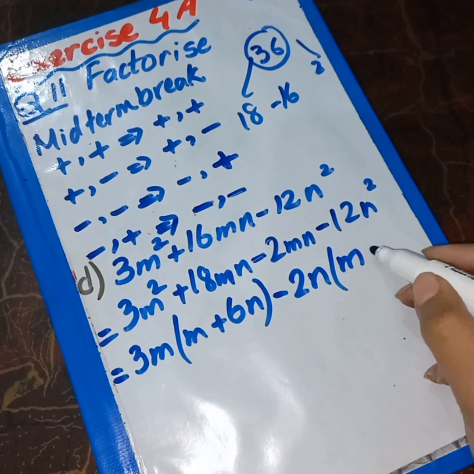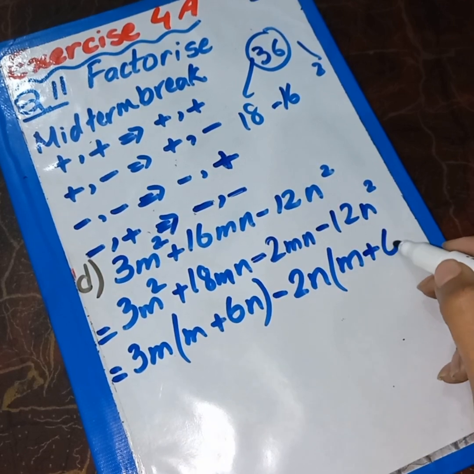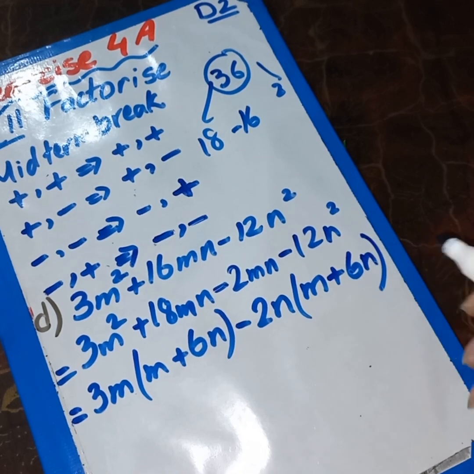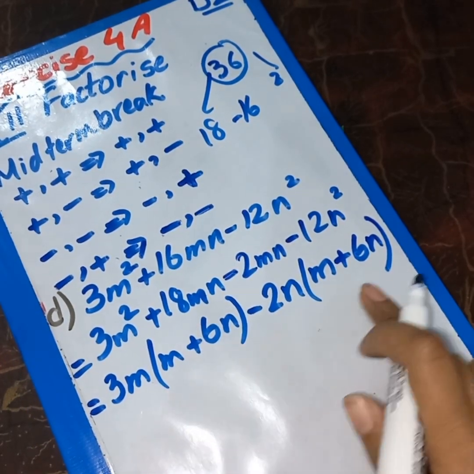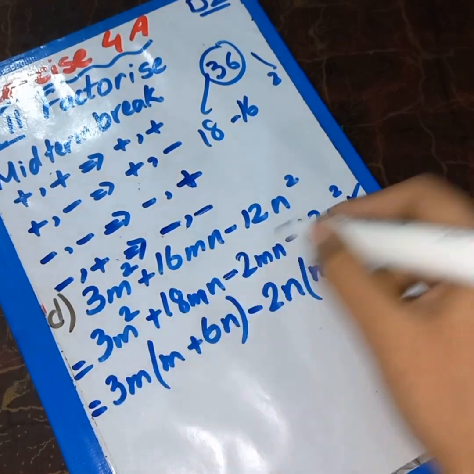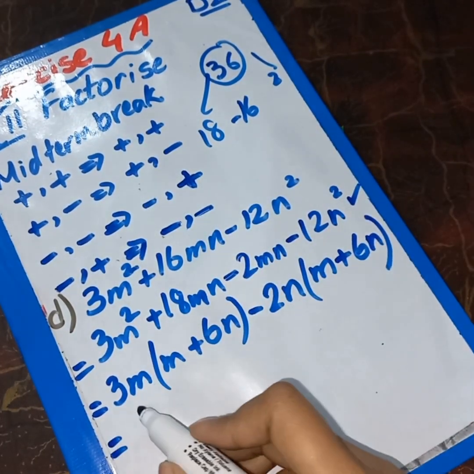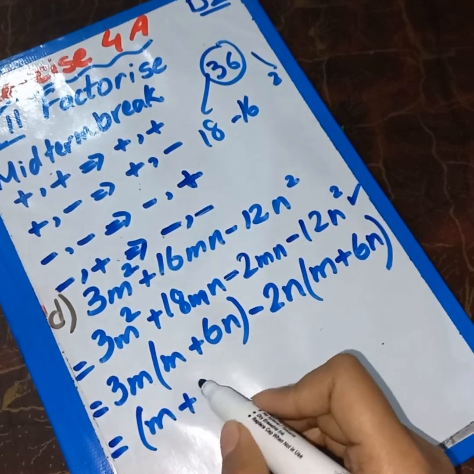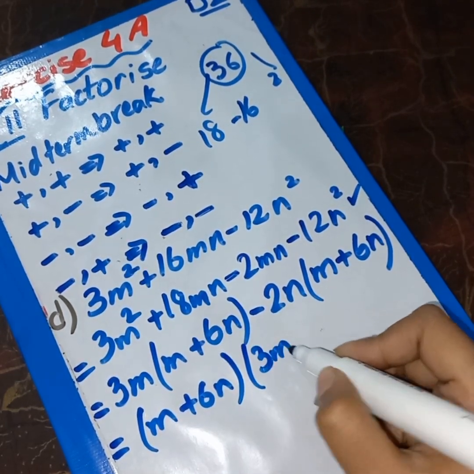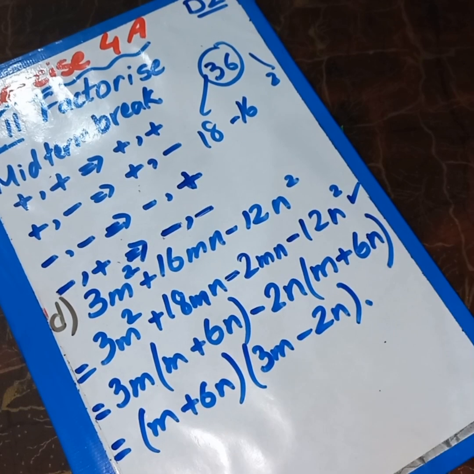Then minus minus plus, 2 6s are 12 we need, and 1n is already outside, and I will put 1n inside. So when you multiply this expression, you will find this again. Now they are same, we will write them once, and then 3m minus 2n, which are uncommon factors.